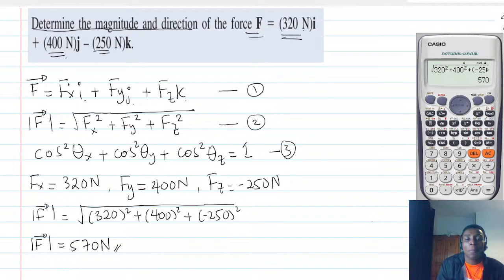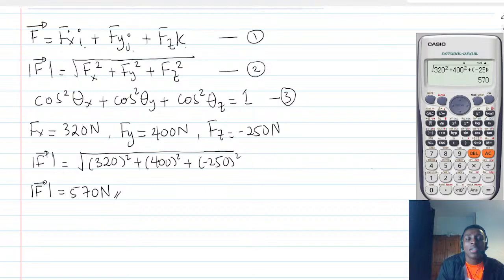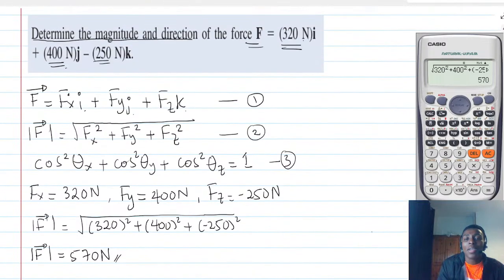So let's get the angles first. Now there is a fourth equation. I think I didn't write that one. Let me add it now.